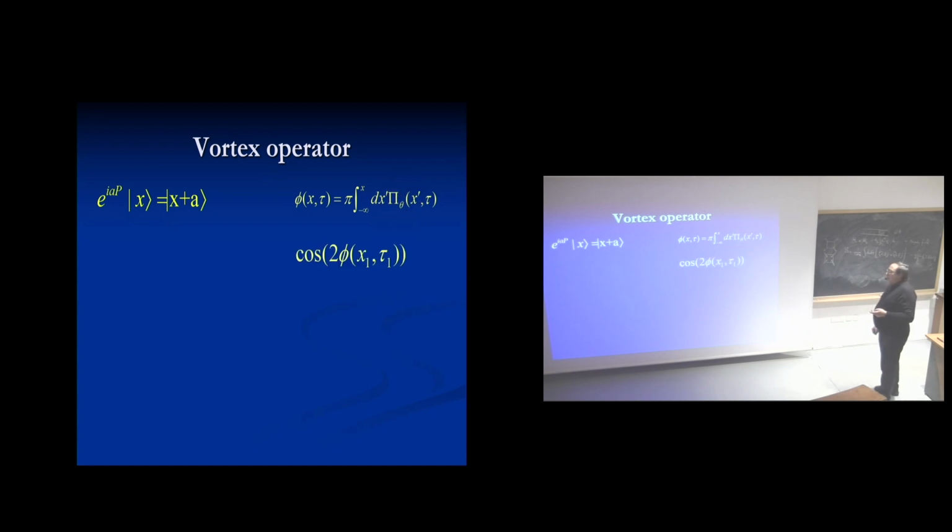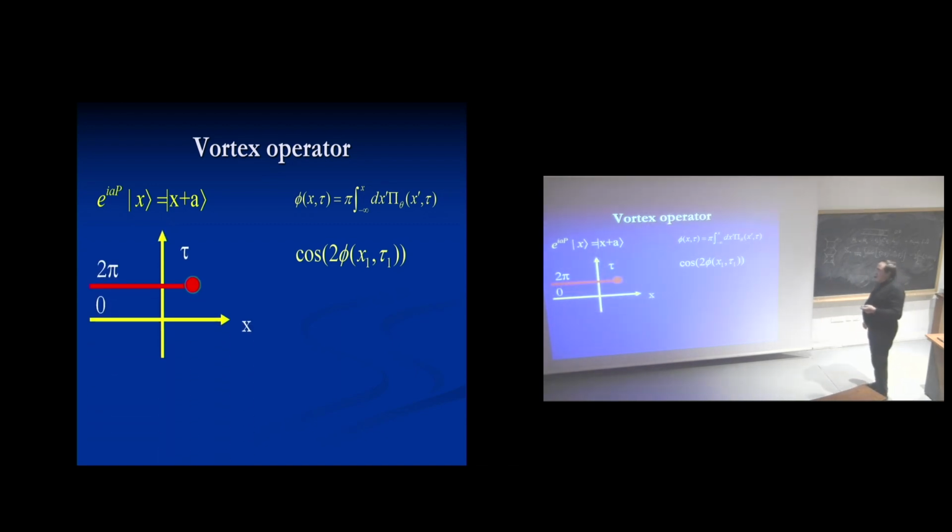So when I apply a cosine of phi to a configuration of theta, what I do is I apply exponential of i 2 pi times the momentum, which means I apply exponential of i 2 pi integral from minus infinity to x of dy pi theta of y, which means I translate theta by 2 pi on all the string here until the endpoint where I am in space and time. So actually this object is the object creating a vortex in the variable theta.